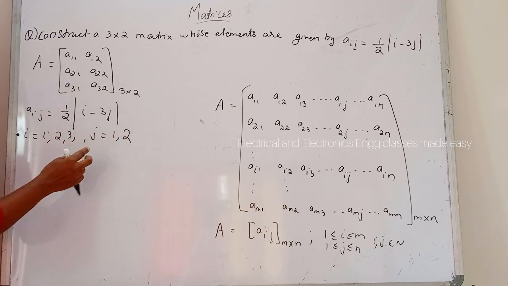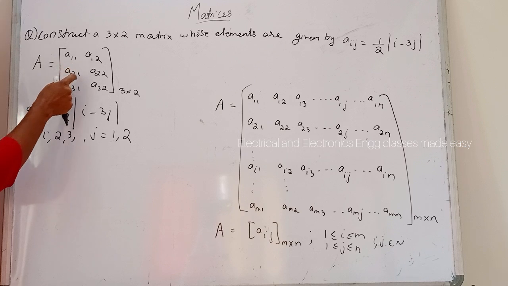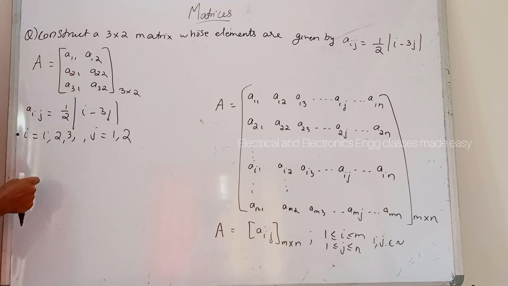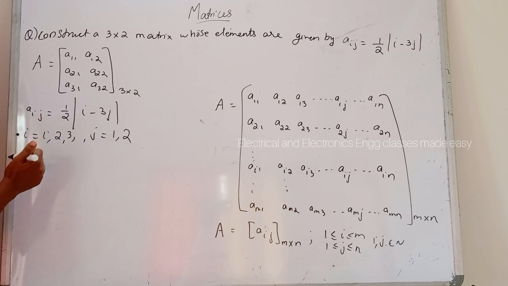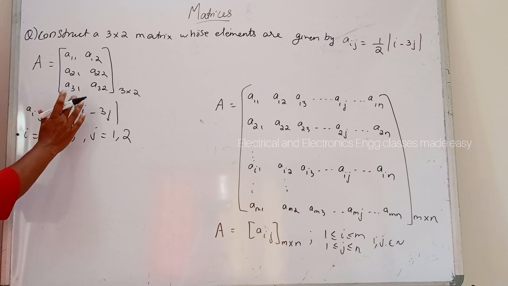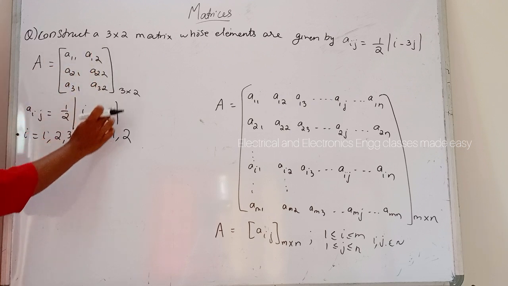So 1 and 2 are the columns and 1, 2, 3 are the rows. Now put the values of 1, 2, 3 and also 1, 2 in this equation to find the elements of this matrix.